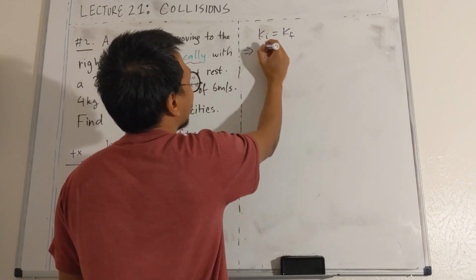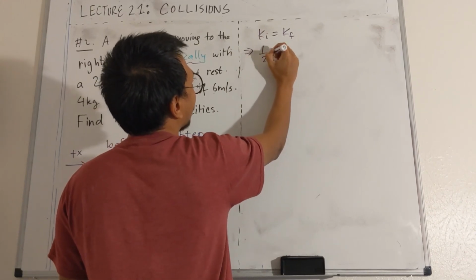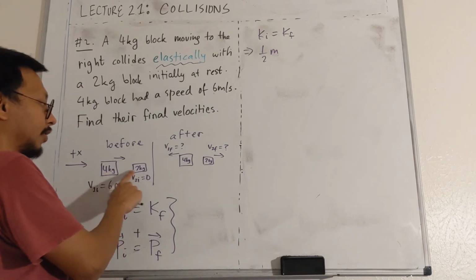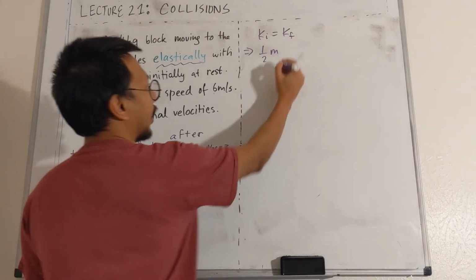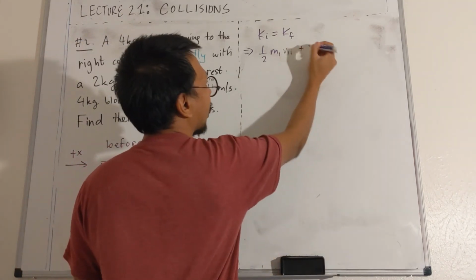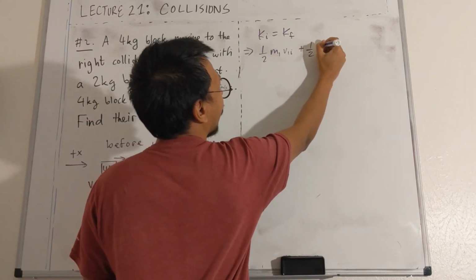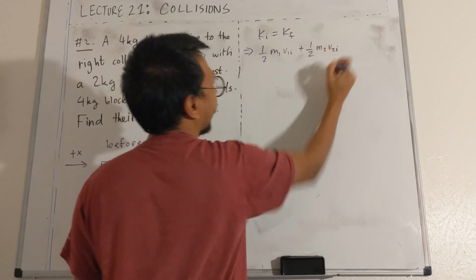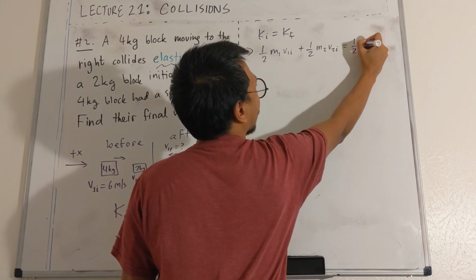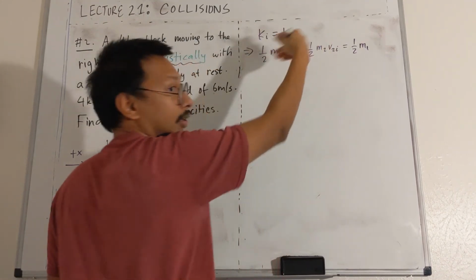Ki means 1/2 m initial times v initial squared. What are the initial masses? 4 and 2, right? So 1/2 m1 v1i squared plus 1/2 m2 v2i squared. This is equal to 1/2 times m1 in the final situation.